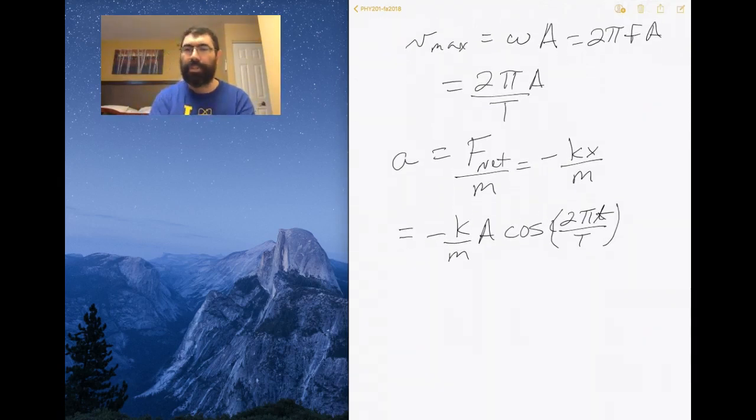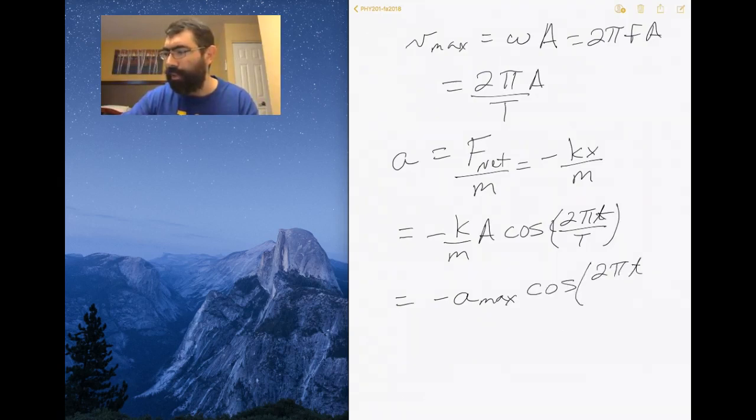So if we were to generalize this, this would be minus the maximum acceleration times the cosine of 2 pi times the time divided by the period.